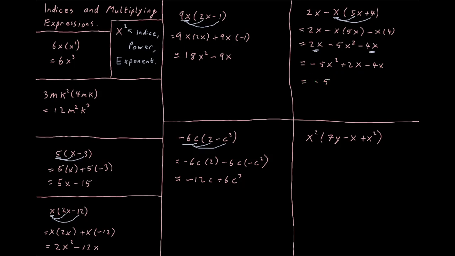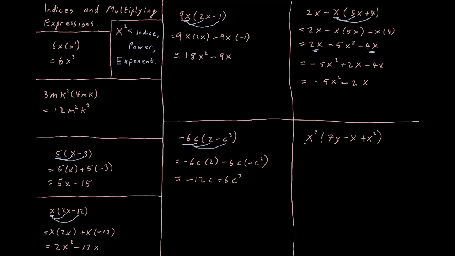So I have minus 5x squared. I don't have a like term for that, so it just stays the same, but I have plus 2x minus 4x. So I start at plus 2 of something, I subtract 4 away, and I'd end up at minus 2 of x. And that's as far as I am able to go.